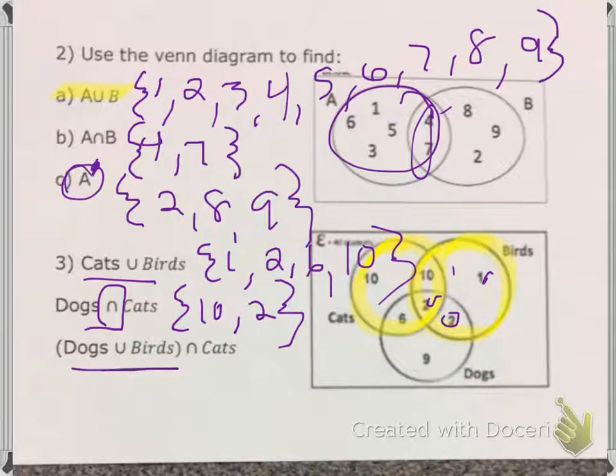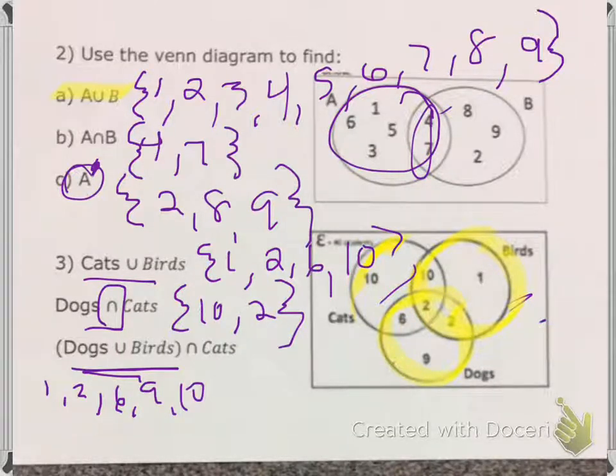And then this one is dogs and birds intersecting with cats. So I would have to do the dogs and the birds first. So dogs are here, birds are here, so I would have everything in those. So 1, 2, 6, and 9, and 10 it looks like.